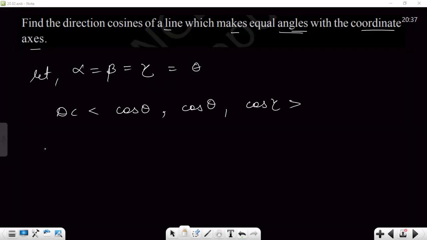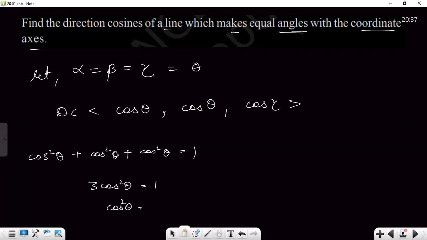And we know one thing about direction cosines: cos square alpha plus cos square beta plus cos square gamma is 1. Here alpha, beta, gamma are all theta, because they are the same angle. So 3 cos square theta is equal to 1.